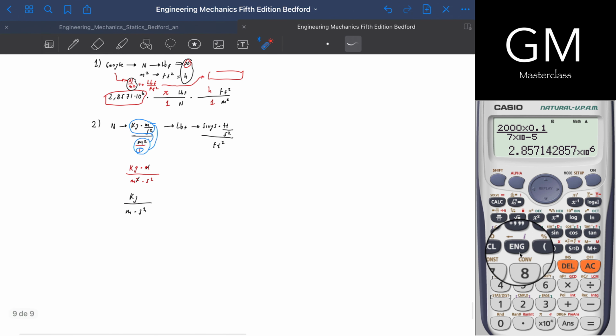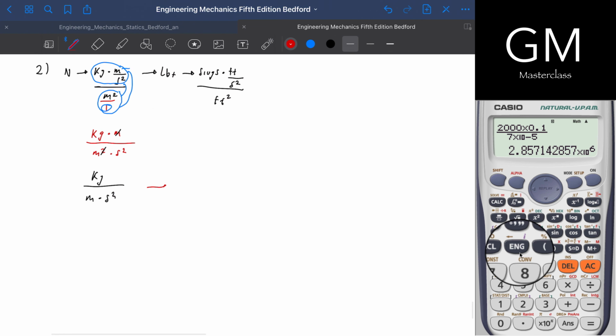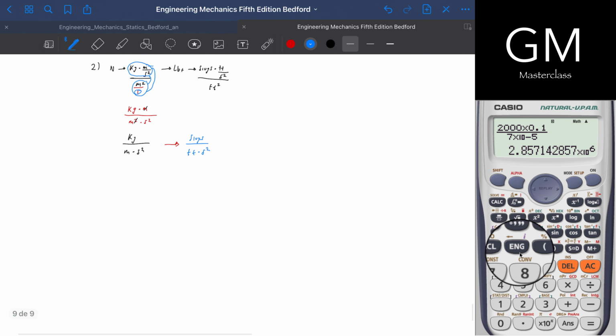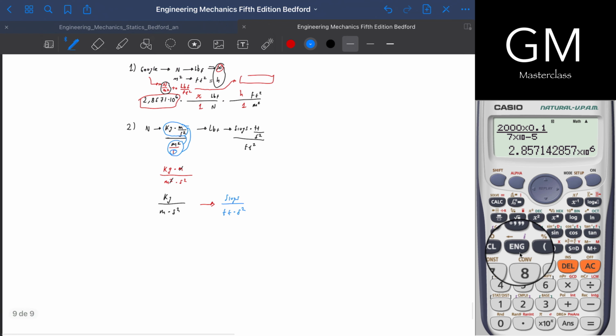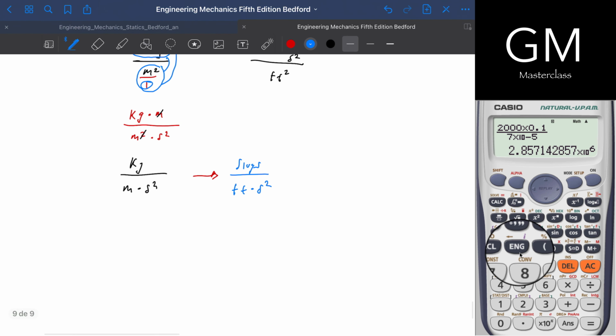Alright, now changing the system of units, I'm going to transform those into slugs divided by feet times square seconds. For me to do this, I gotta memorize some different equivalences.